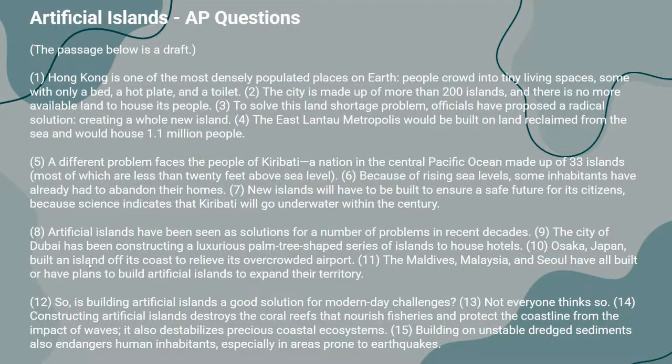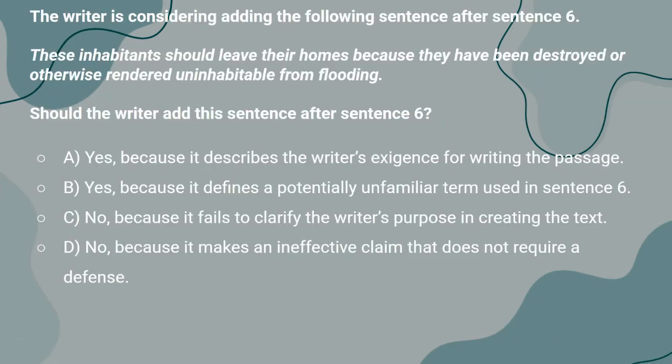And we're looking to add a sentence after 13. So 12 is a question, is it a good solution? 13 is, not everyone thinks so. So what should be added after 13 will most likely be something saying why someone will believe it's not always a great idea, why someone would say it's not a good idea.